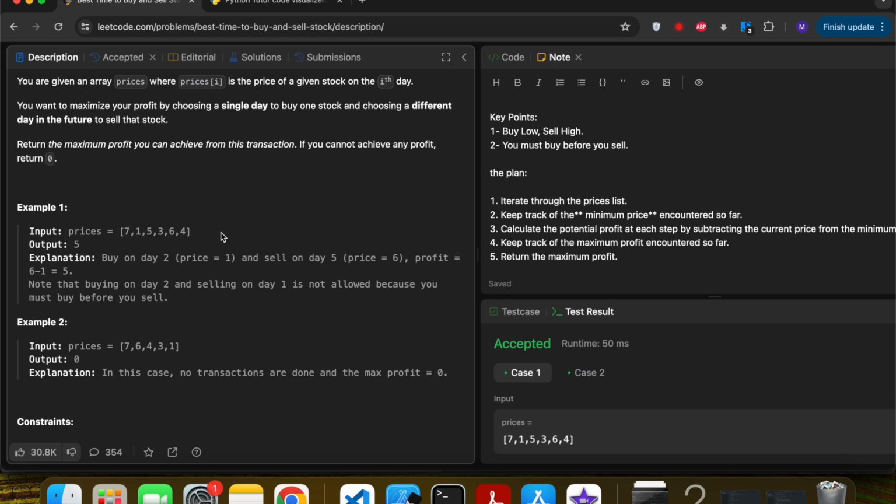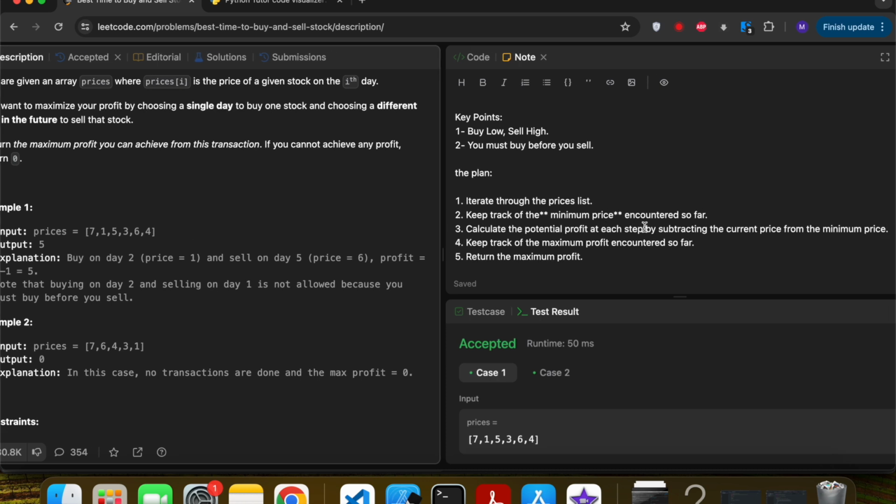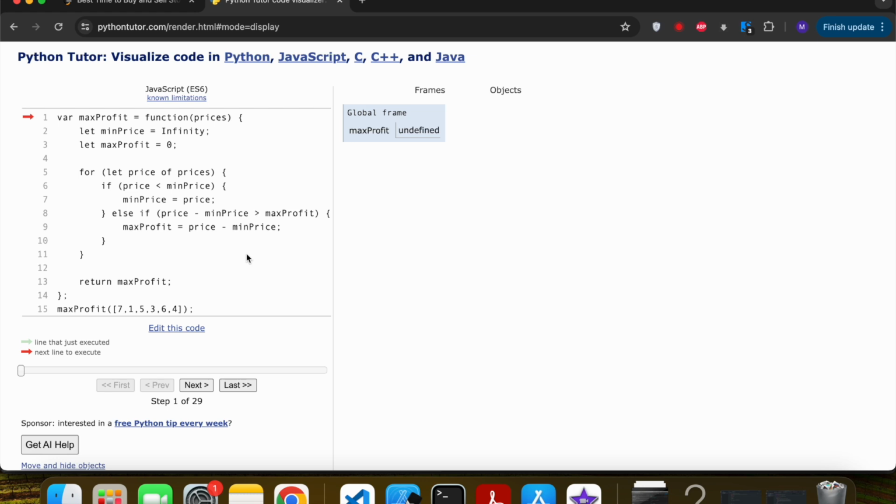We need to calculate the profit every time we iterate over this array by subtracting the minimum price from the current price, and compare this to the maximum profit so far. It will be understood better if we see a visualization.